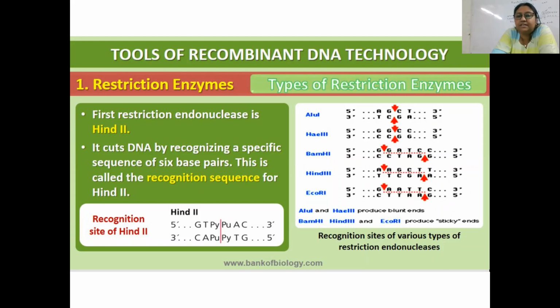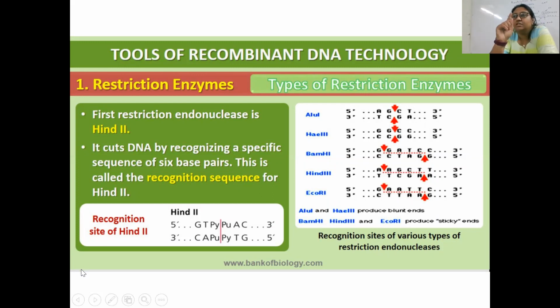For example, on screen you can see the restriction site of different endonucleases like AluI, HaeIII, that is isolated from Haemophilus influenzae, BamHI, HindIII, EcoRI. You can see some of them are giving blunt cuts and some of them are giving staggered cuts to produce sticky ends.